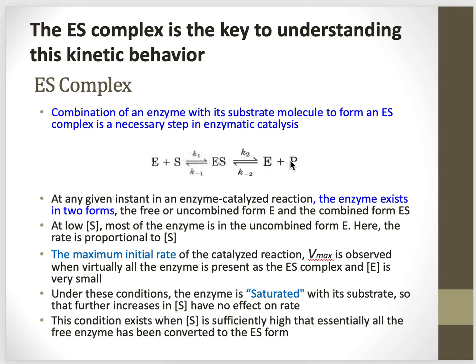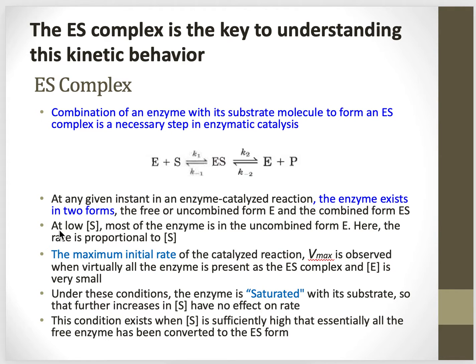At any given instant in an enzyme catalyzed reaction, the enzyme can exist in two forms. Either it will be free, not bound with anyone, or it will be combined with the substrate, that is in ES form.